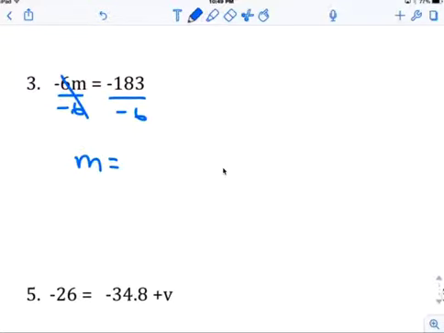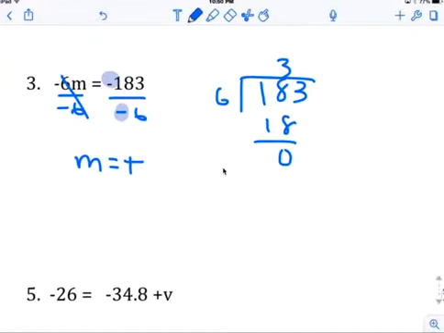M equals, okay, divide, let's see, 183 divided by negative 6. A negative and a negative is a positive. 6, oh no, that's 36. 3, 18. 0, bring down this 3. 6 cannot go into the 3, so you put a 0 there.